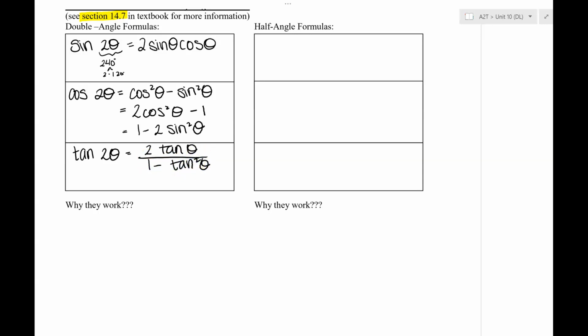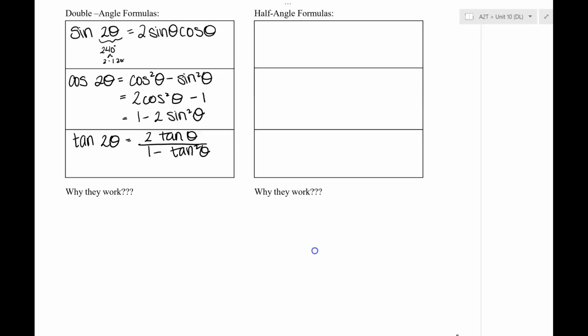And why do they work? Well, 2 theta, the example I gave you was 240 degrees, right? So 2 times 120, 120 plus 120. Let's say we have sine of 2 theta. That can be rewritten as the sine of theta plus theta, just like x plus x is 2x, theta plus theta is 2 theta.